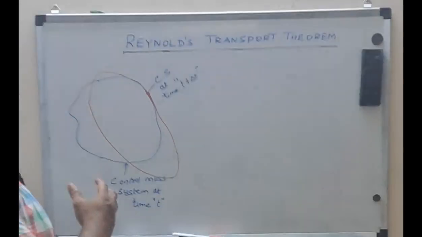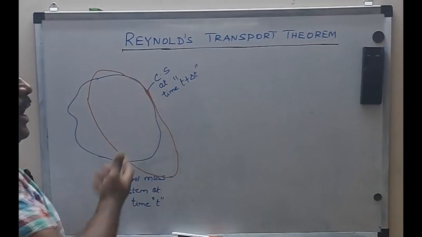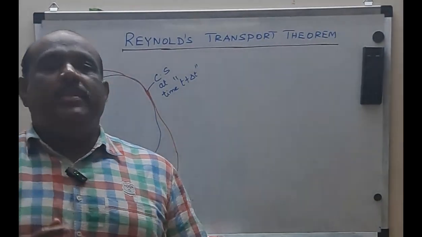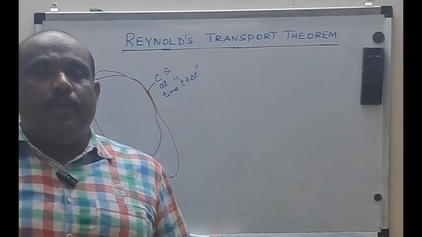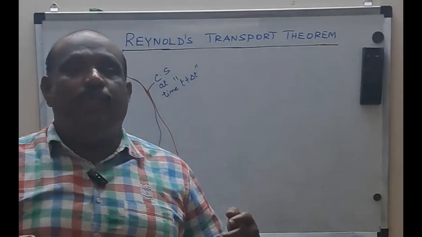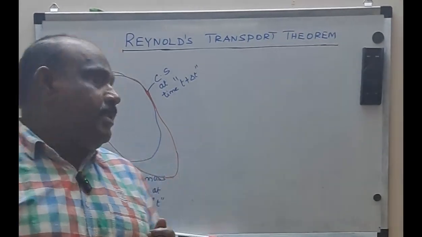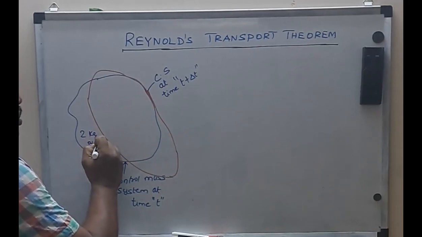Now you may wonder why the shape of the control system may vary. Yes, the shape has definitely varied. Earlier the shape is like this, now the shape has taken another dimension. The reason the shape has changed is that this control system should encompass the same fluid particles. For example, here I have 2 kg of air, and this 2 kg of air is moving.